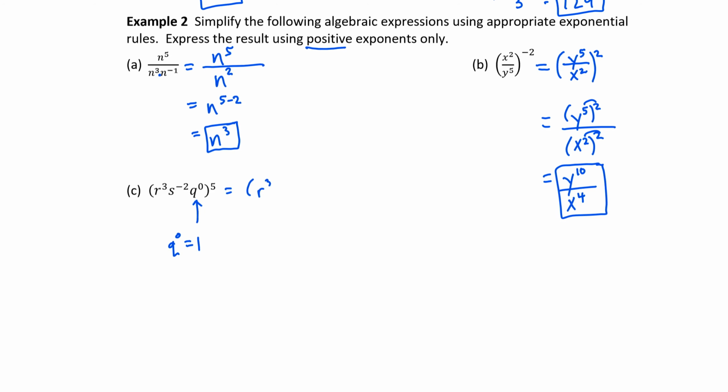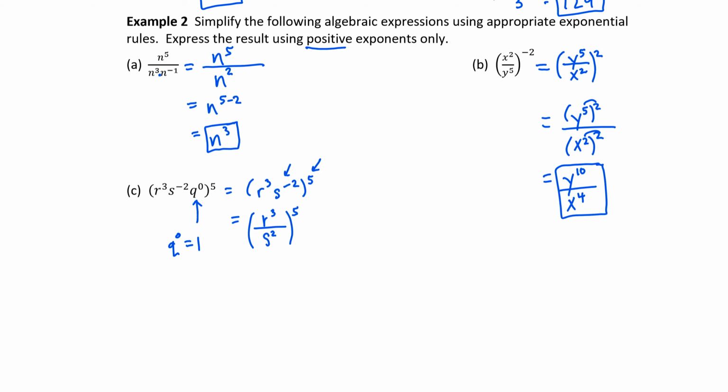Let's write the expression without the 1, because that expression times 1 is the same thing as r cubed times s to the -2. Next, let's evaluate our negative exponent by moving it to the denominator. Now, when I move it to the denominator, I have to recognize it's still under this outside power. So I'm going to keep my parentheses. The s squared is moving to the opposite place in the fraction, and I'm changing the sign of the exponent.